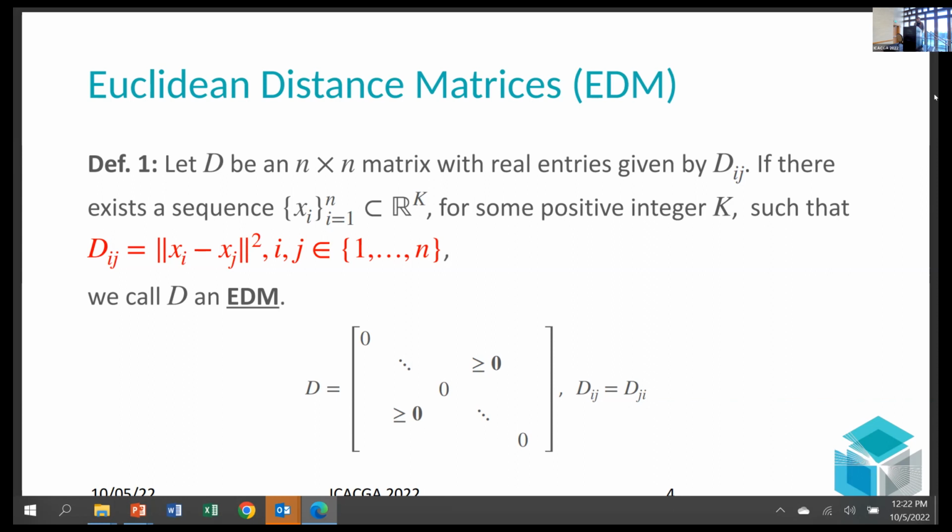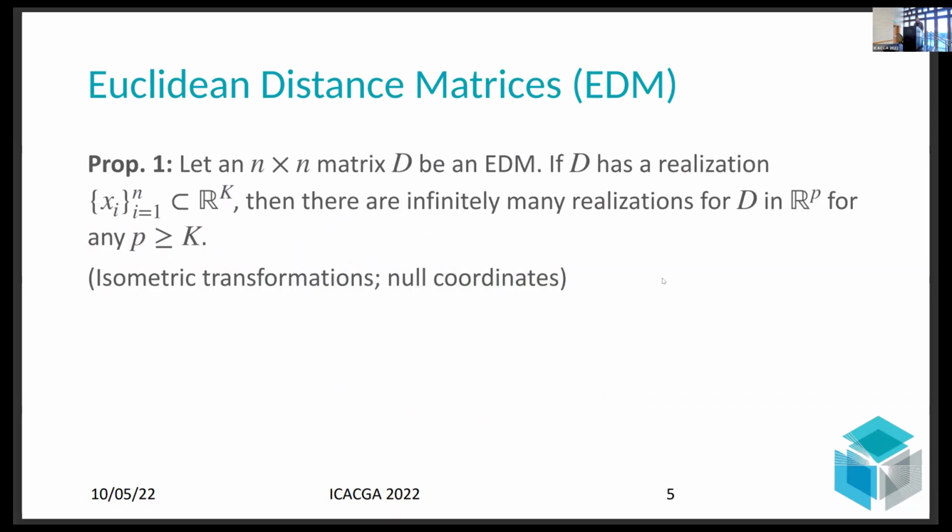So about the number of solutions. The first result is about the number of solutions. If a matrix is an EDM, or if we can find a solution for a matrix, we can find infinitely many others. This is possible, for instance, because we can rotate, reflect or translate the set of points.